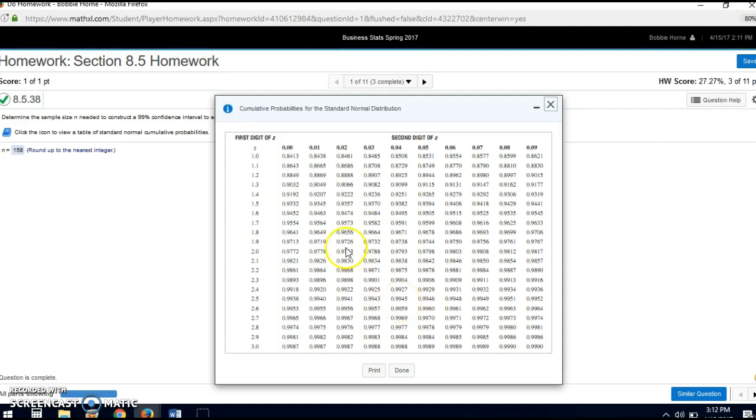So let's say our value is 0.005, okay? If you go to 0.005 on your chart, that would mean we want a 0.095. Let's see if we can find that.